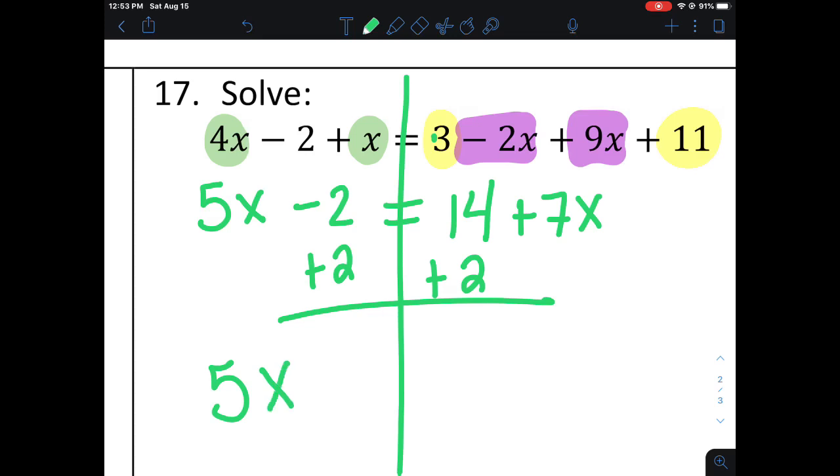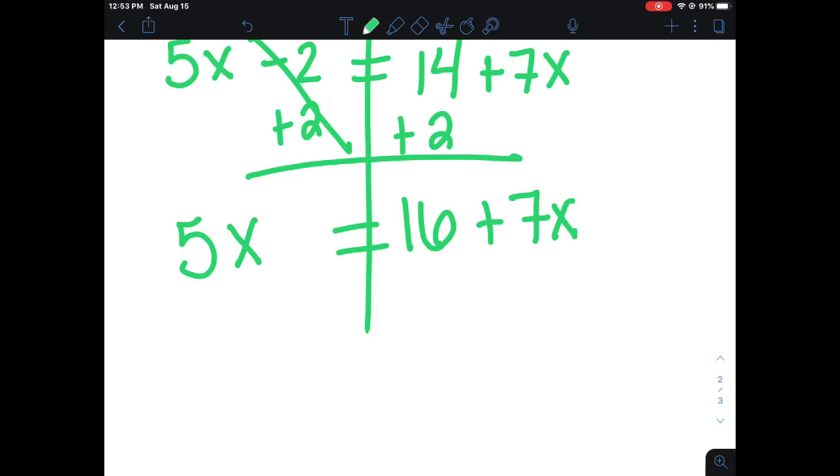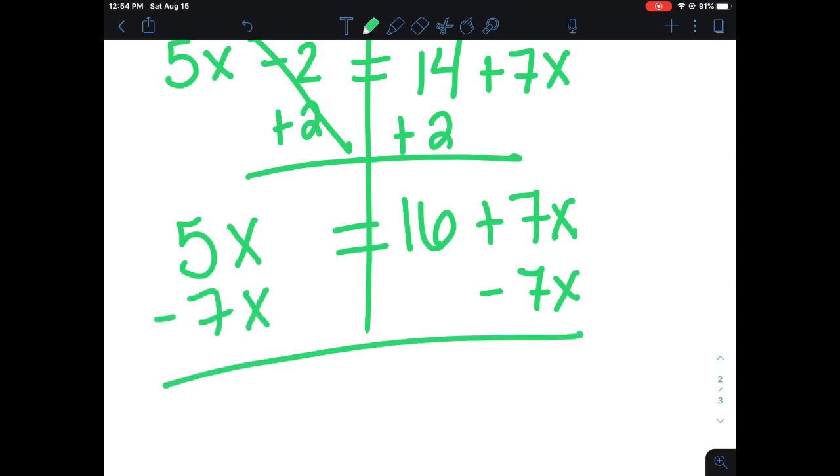I'm left with 5x, since negative 2 plus 2 cancels out, equals 14 plus 2, which is 16, plus 7x. All the numbers are on the right-hand side. I'm going to move the x's to the left-hand side. So I'll go minus 7x, minus 7x, and I'm left with 5x minus 7x, which is negative 2x, equals 16.